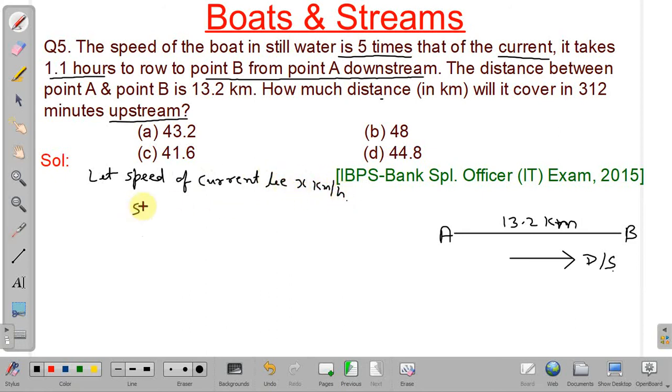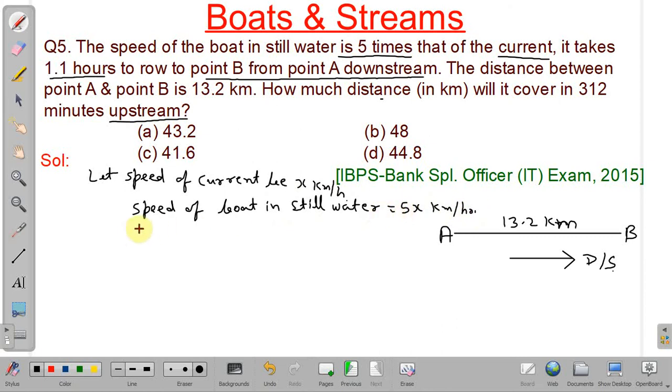So the speed of the boat in still water will be 5x kilometer per hour.